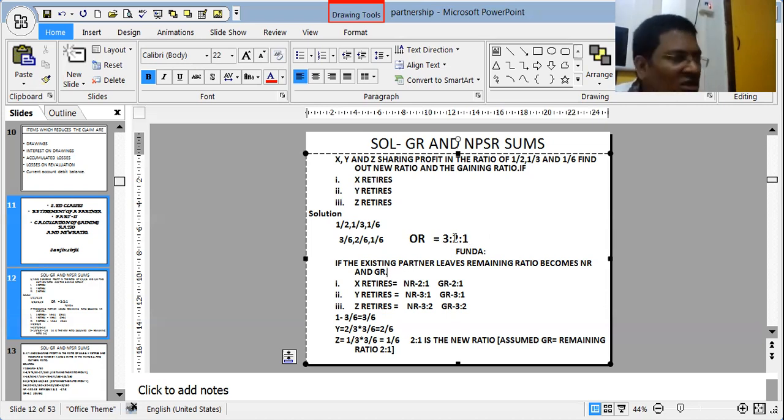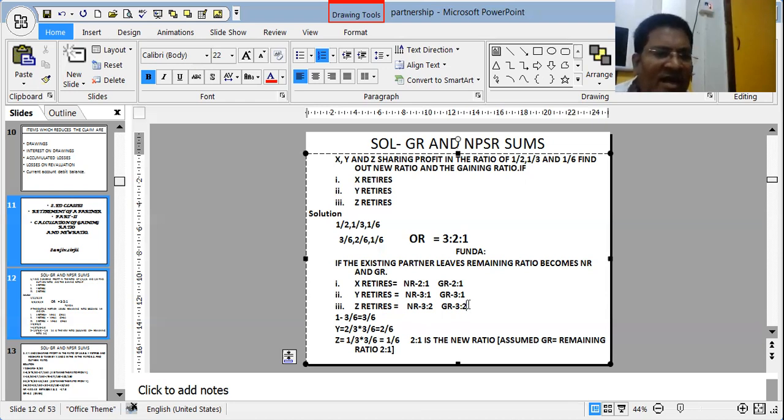Then the ratio becomes 3:1 and the gaining ratio also becomes 3:1. If X retires, then 2:1, and the new ratio also becomes 2:1, gaining and new. If Y retires, then 3:1 and gaining ratio 3:1. If Z retires, then the new ratio becomes 3:2 and the gaining ratio also becomes 3:2.